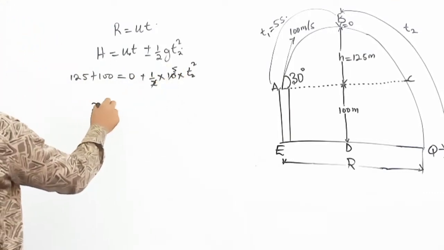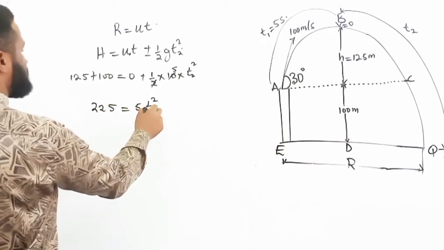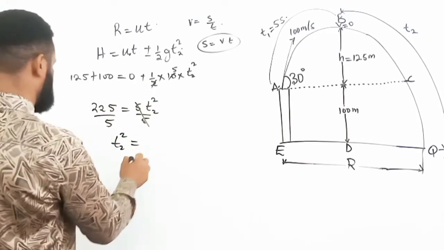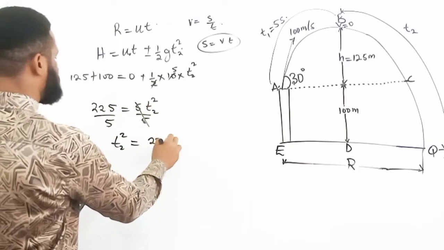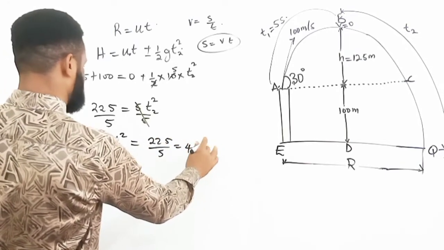This is 225 is equal to 5t squared. Divide by 5, 225 divided by 5 is going to be 45.